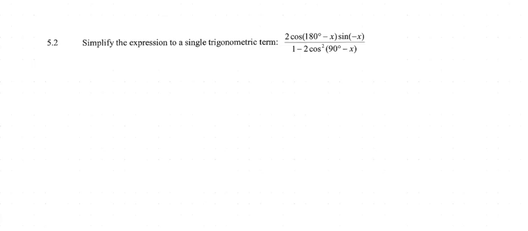So the next part of question number 5, 5.2, we have to simplify the expression to a single trigonometric term. We have 2 cos(180 degrees minus x) sin(minus x) by 1 minus 2 cos square(90 degrees minus x), okay?